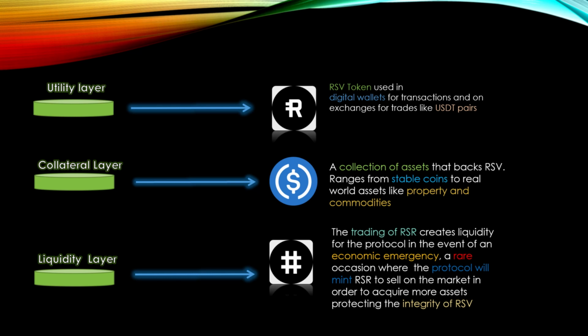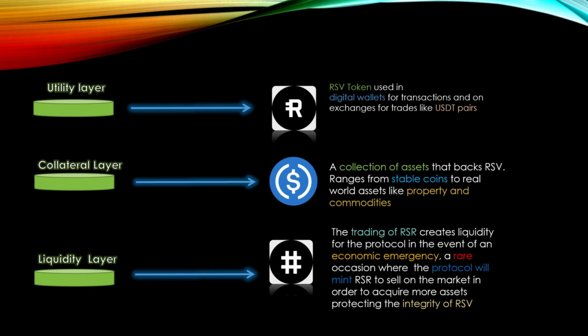For crypto enthusiasts like us, we are constantly trading BTC or whatever coin we're interested in. If we're scared of the volatility of whatever coin we hold, we trade into USDT instead. Well, instead of using USDT, you can just trade into RSV.